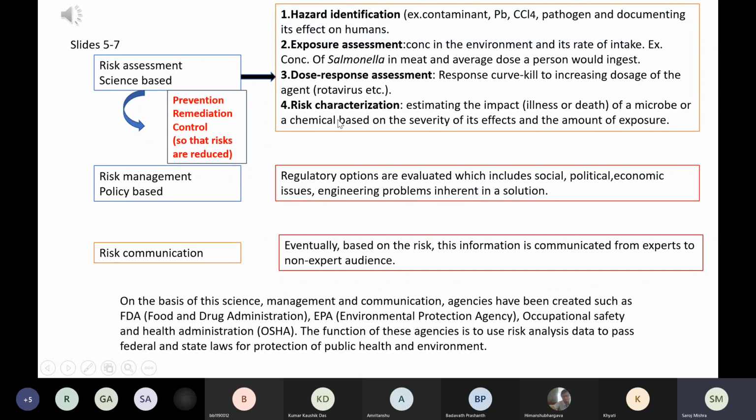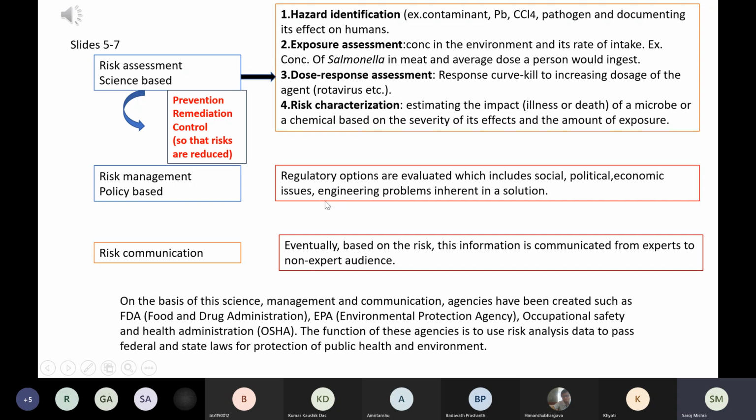Okay, so let us say, for example, if you are exposed to lead at 100 ppb, from the dose response curve you already know the probability of somebody getting affected, and with 20 ppb, for example, the response generally is so much, and finally you predict the risk. This is something which can then be communicated to an engineer, and then they are going to find a solution.